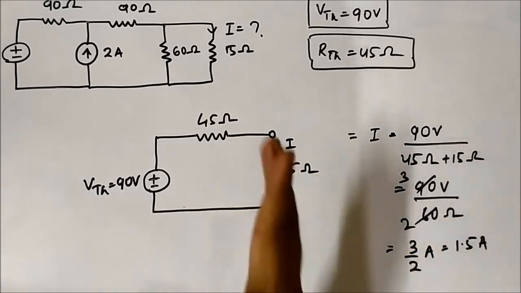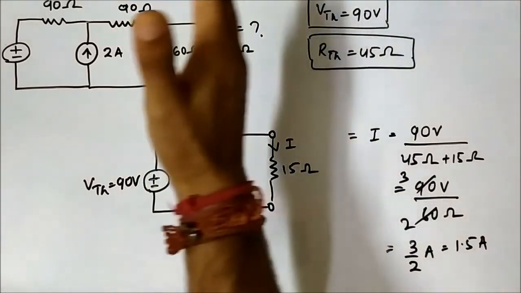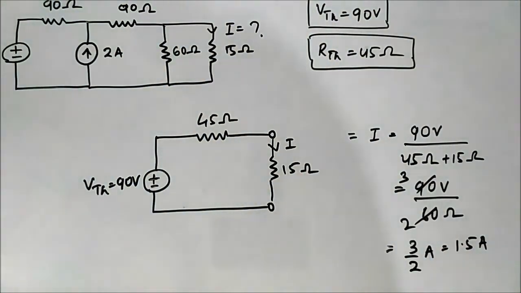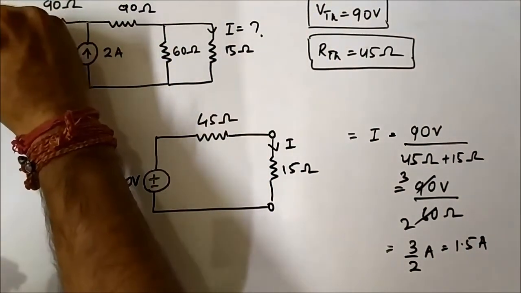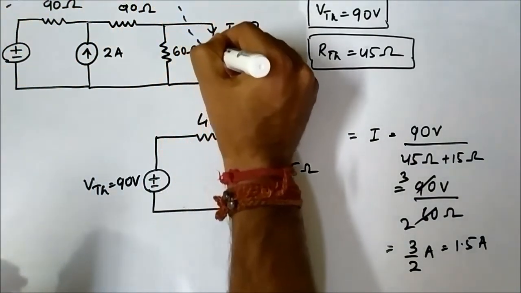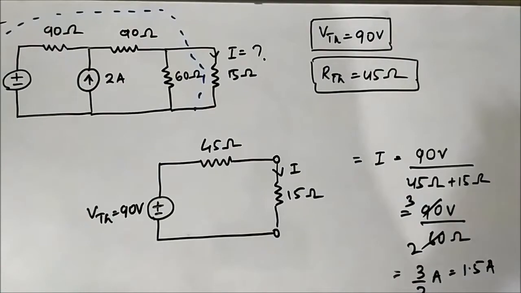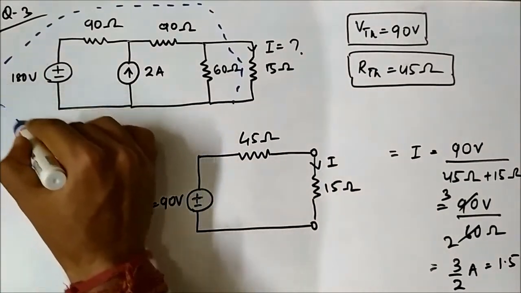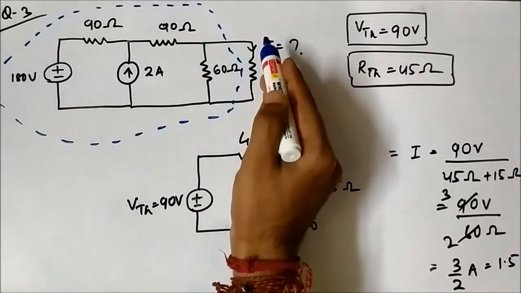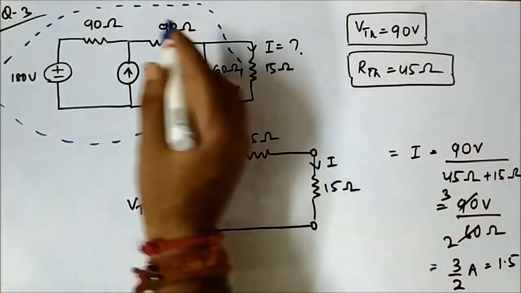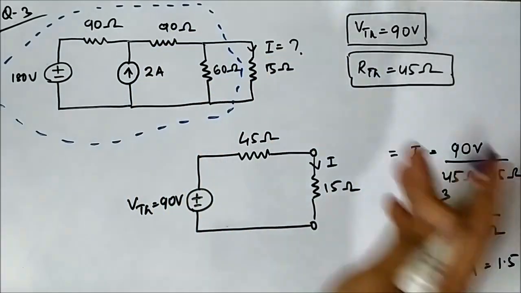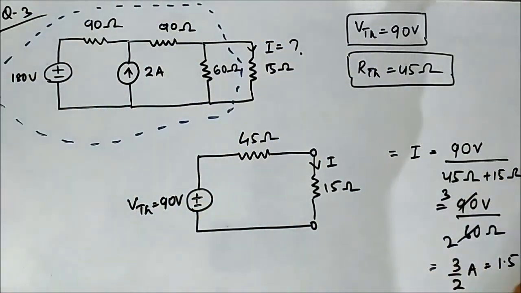So what we did is first we removed the 15 ohm resistor. Then our objective was to find the equivalent representation of this portion of the circuit across the 15 ohm resistor. To simplify it, 180 volt, 90 ohm, 2 ampere, 90 ohm, 60 ohm, how to represent it in a simple way.